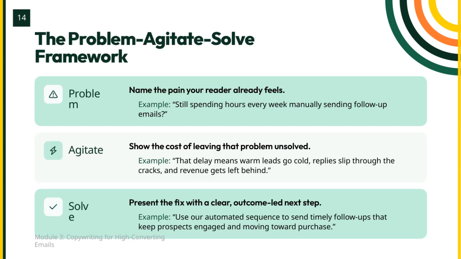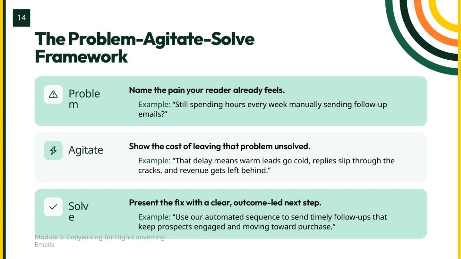Here we're looking at the Problem Agitate Solve framework, which is a powerful way to craft persuasive messages. First, you start by naming the pain your reader already feels, something they recognize and can relate to. For example, "Still spending hours every week manually sending follow-up emails?" This immediately connects with their frustration. Next, you agitate that pain by showing the real cost of leaving the problem unresolved.